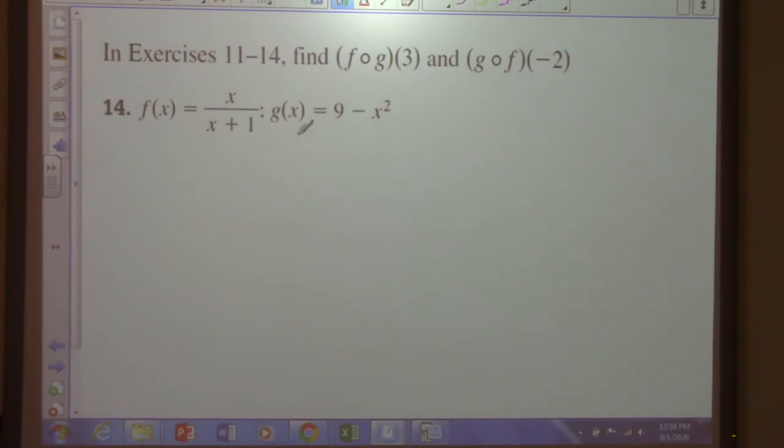And g of f of negative 2, you plug in negative 2, should get 5, right? So g of f of negative 2 is 5. Okay, so I just gave you answers there. Part of it is because I remember a little bit from last period. So are you ready to go on to 15?